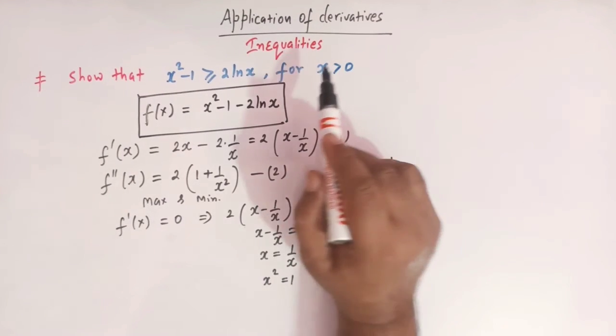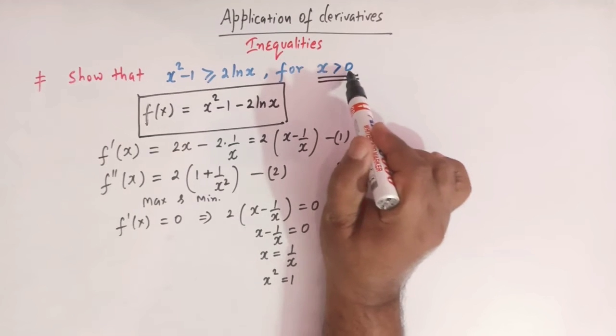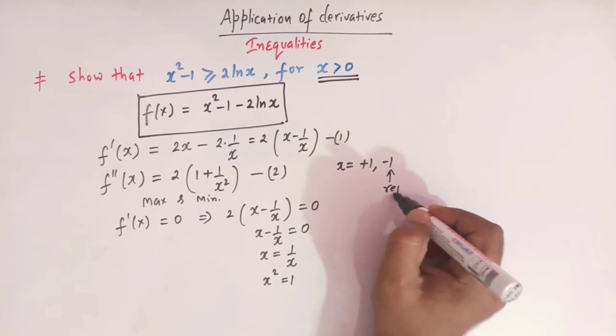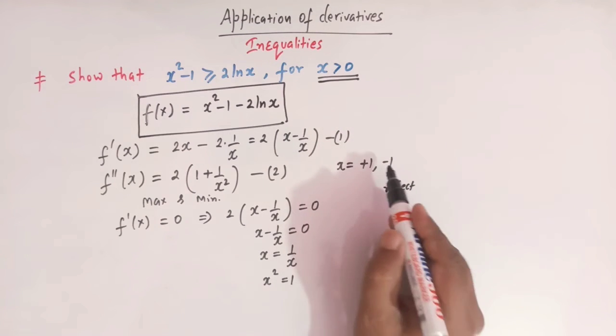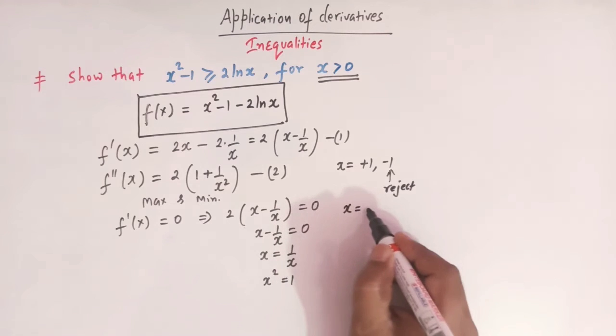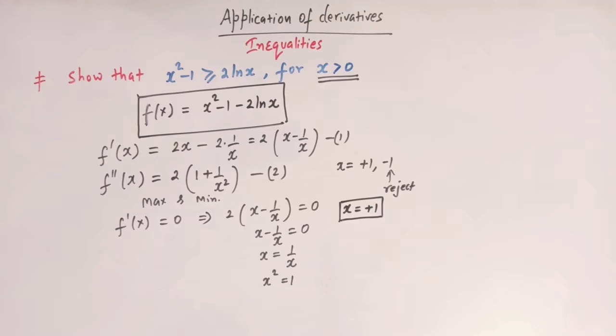Now in the given problem we have the condition x greater than 0, right? So we'll reject the value x equal to minus 1, and accept only one value of x, that is x equal to plus 1.